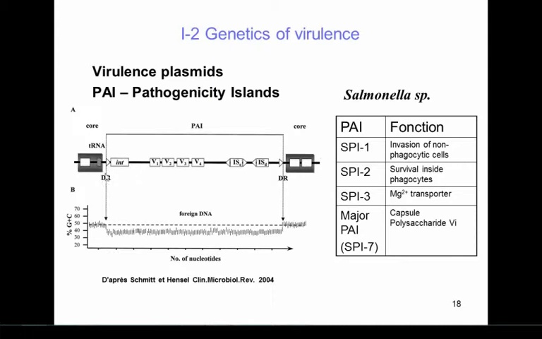Okay, so these strange characteristics of pathogenicity islands are characteristic of mobile DNA elements. So these are transposons or bacteriophage genomes that move about. And that's how they can be transferred from one bacterium to another.